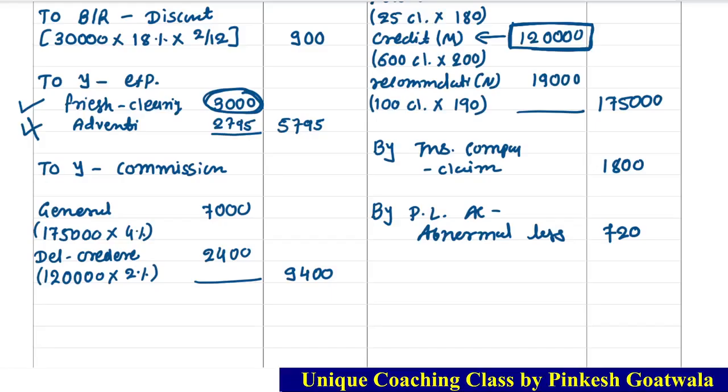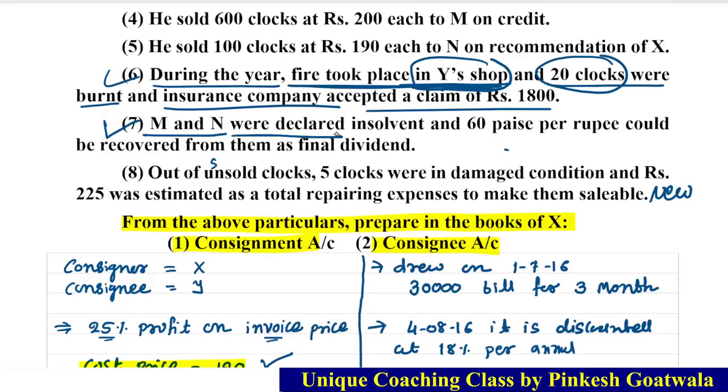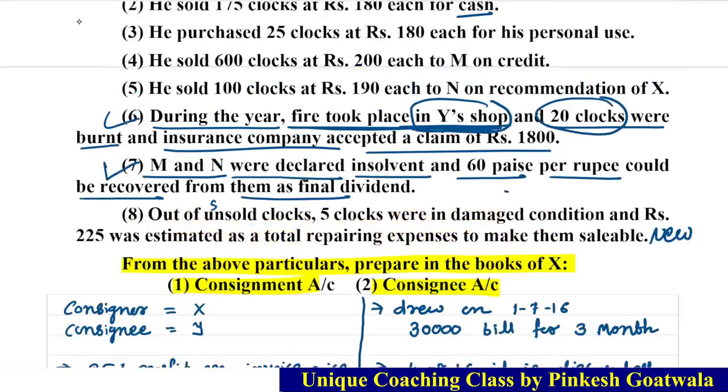Now the next point. M and N were declared insolvent and 60 paisa per rupee could be recovered from them as a final dividend. So here what happened? M and N were declared insolvent and 60 paisa was recovered. It means we can't recover 40%.